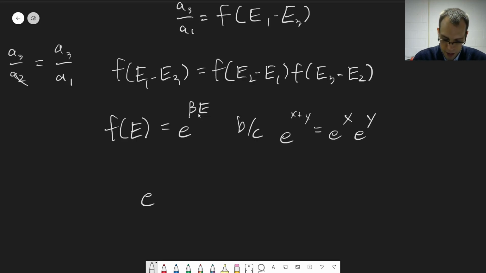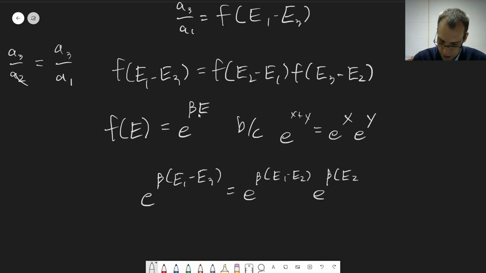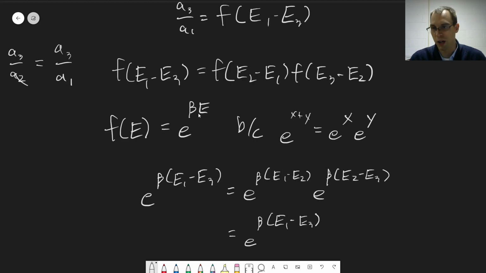Meaning that if we have e to the beta (E1 minus E3), that's equal to e to the beta (E1 minus E2) times e to the beta (E2 minus E3). If we then use the properties of exponentials, we can add those two terms together, and our E2s are going to cancel, and we get back to our original beta (E1 minus E3). So this is just saying that this functional form works. It satisfies the condition that we established here.